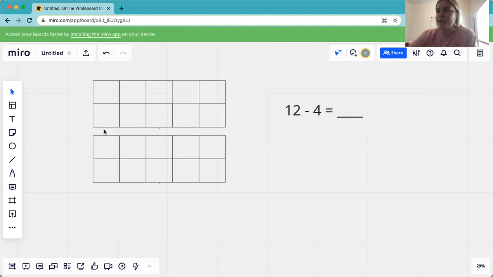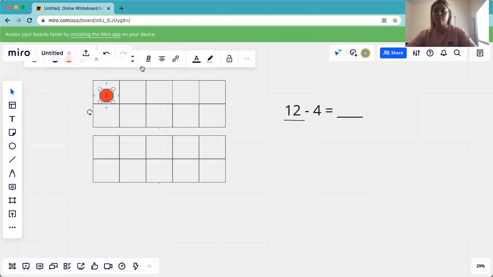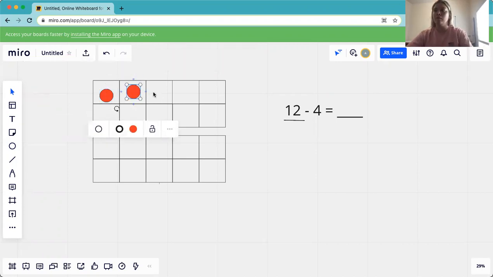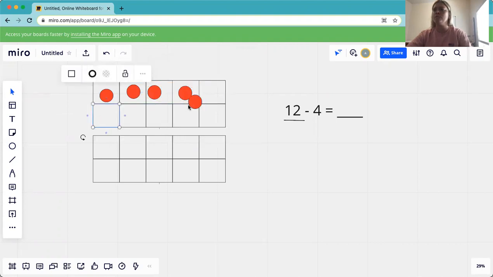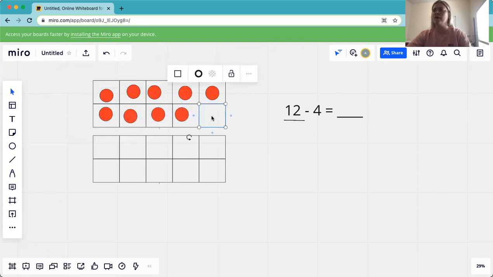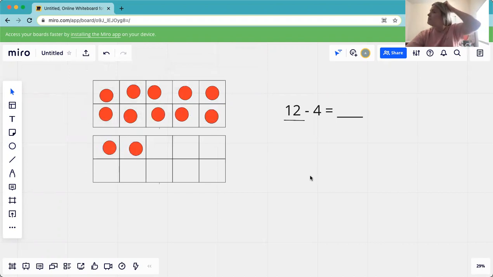Alrighty, so you figured out what 12 minus 4 equals, and I'm going to go ahead and go over it with you. All right, so I know my whole is 12. So I'm going to go ahead and start out by drawing my counters, making 12 of them. 3, 4, 5. Oops, my goodness. 5, 6, 7, 8, 9, 10, 11, and 12.